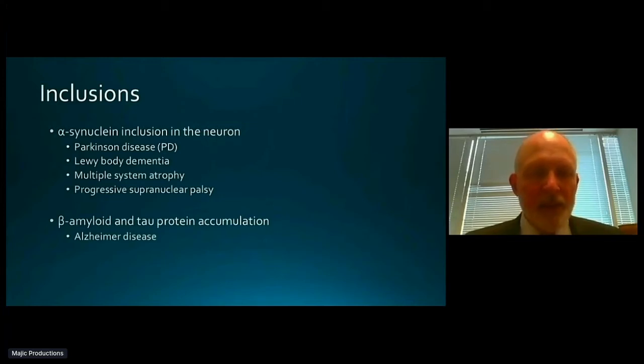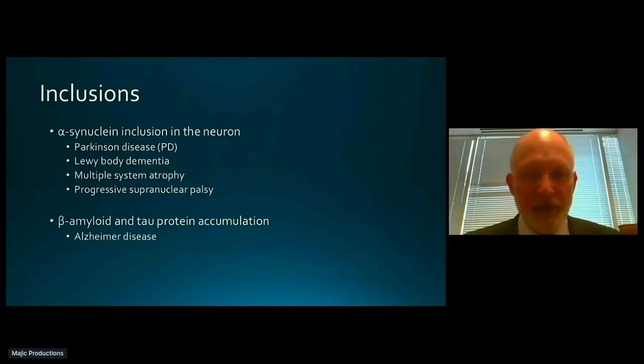You'll see that they have these things called alpha synuclein inclusions in the neuron, and this spans four main problems: Parkinson's disease, Lewy body dementia, multiple system atrophy, and progressive supranuclear palsy. These in essence have a common pathophysiology, but they have different expressions in which part of the nervous system they affect, and this can give you some different presentations, but they are all a little bit similar in terms of their protein.